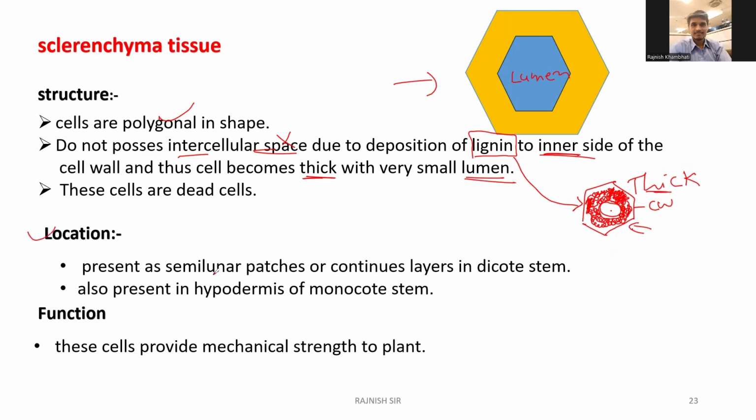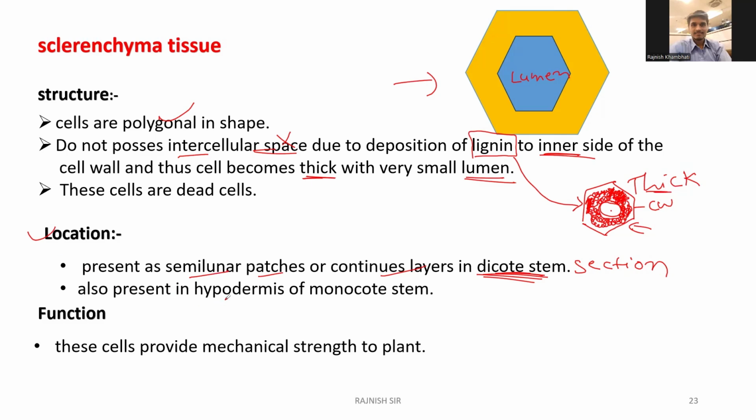Location. They are present as semilunar patches, or maybe a continuous layer, in the dicot stem section. If I cut the section of a dicot stem, under the microscope we can see them. I am going to show you that section under the microscope so that you can understand.